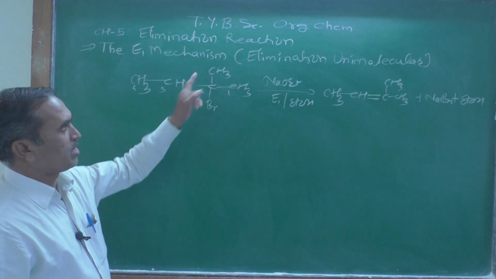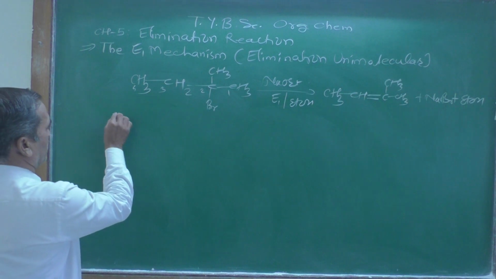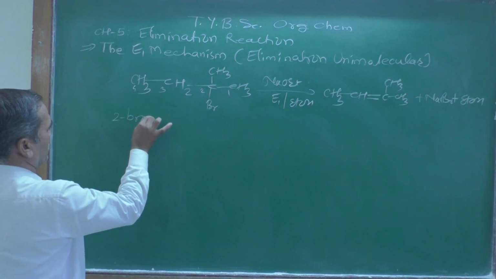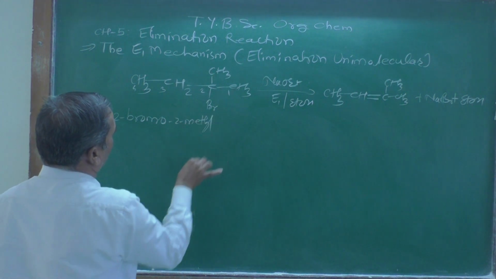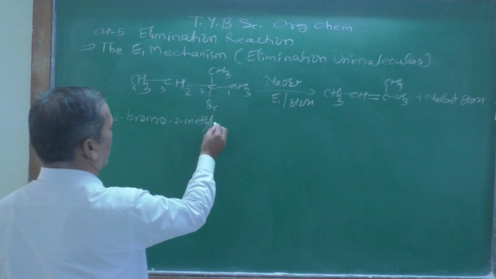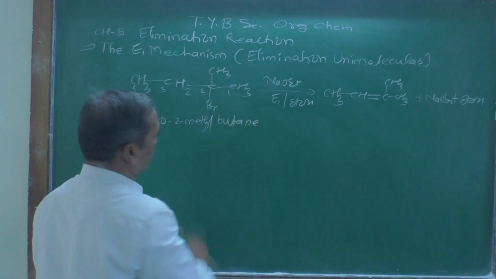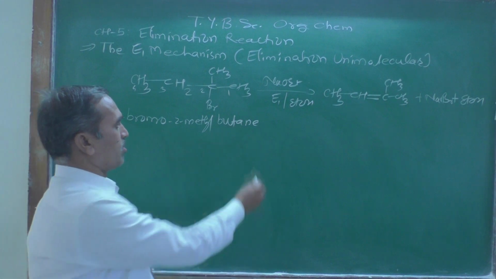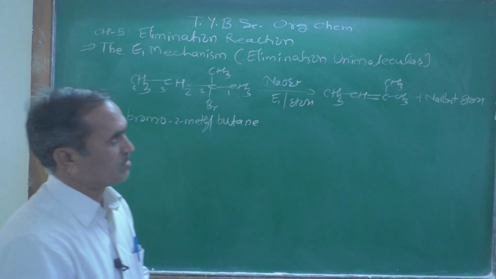At 2 position there is a methyl group as well as a bromine group, and therefore the correct IUPAC name of this compound is 2-bromo-2-methyl. In the straight chain there are 4 carbon atoms, and therefore butane, with no double or triple bond, only single bonds, so the name is 2-bromo-2-methylbutane. This is the correct IUPAC name of this compound.